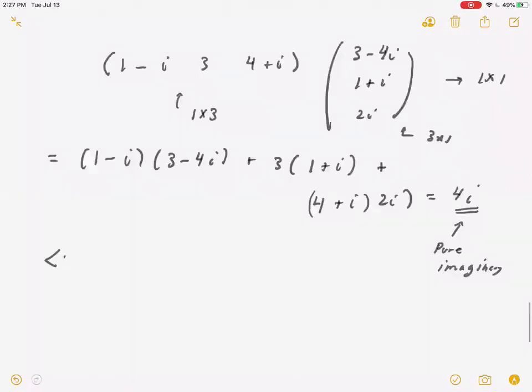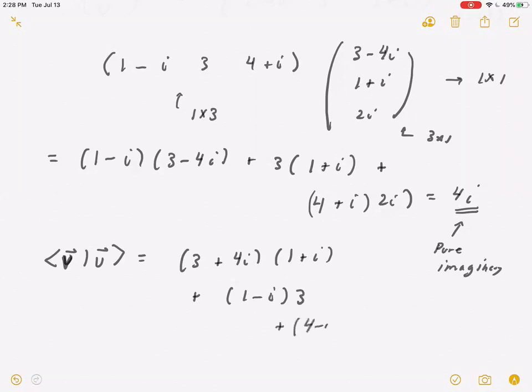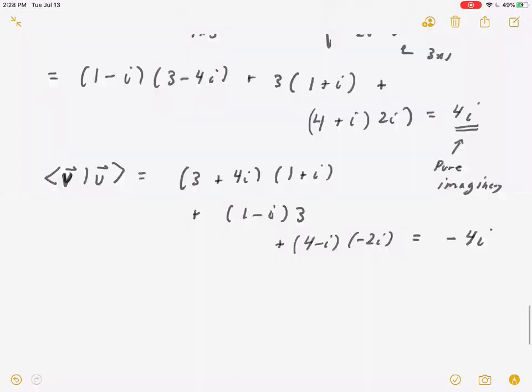Okay, so similarly, you could calculate the inner product of V with U, and you would find that you are left with the task of doing some steps in complex multiplication. And you would find that this is minus 4i.